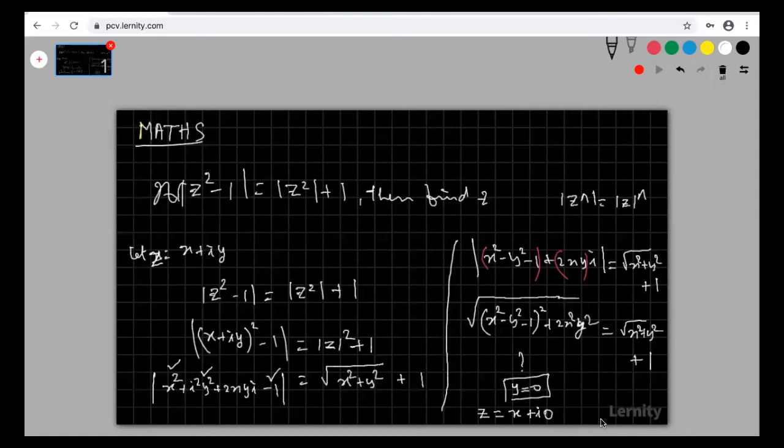So my z is x plus i0. Once y is equal to 0, my imaginary part is 0 and I get only the real part.